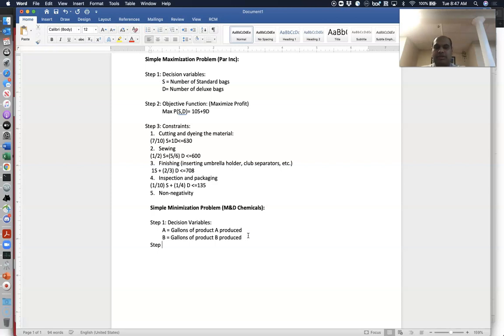Step 2 again is the objective function. The objective function here is to minimize production cost.